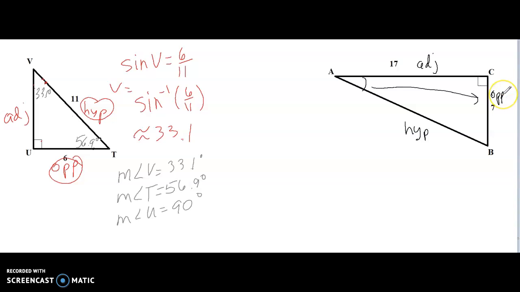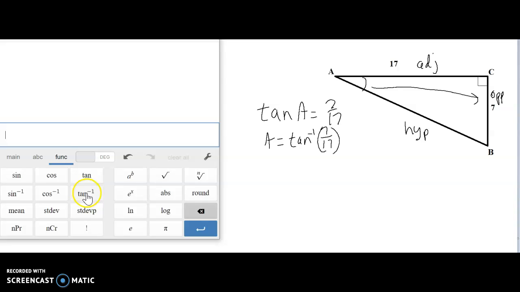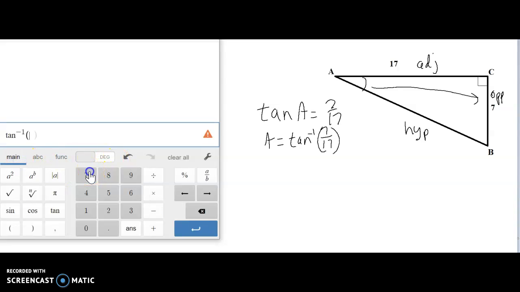According to SOHCAHTOA, that would be tangent. So my tangent of angle A equals opposite 7 over adjacent 17. So angle A would be the inverse tangent of 7 over 17, which gives me an angle of 22.4 degrees.